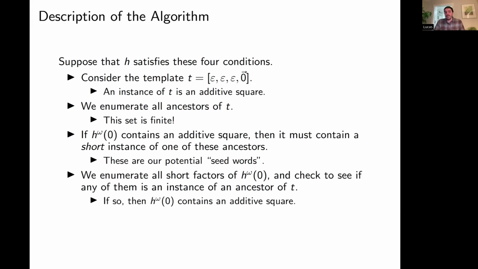If we do find a match, then applying H repeatedly to that instance will eventually give us an additive square, so that would tell us that the fixed point is not additive square free. But if there's no such short seed word, then this word is additive square free.